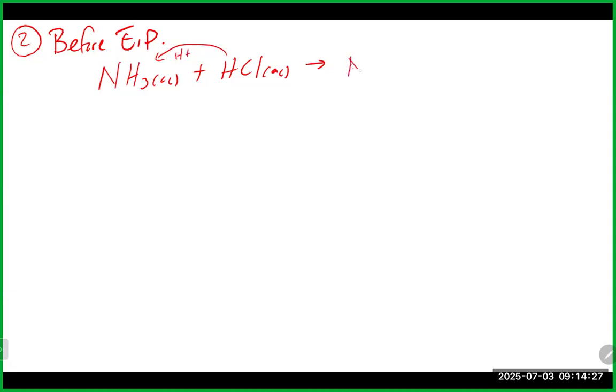And you will get ammonium and you will get chloride. You could, if you wanted to, in this particular example, keep them together as ammonium chloride. I'm going to separate them for reasons that will become clear shortly, but you could absolutely just keep it together on the right-hand side.